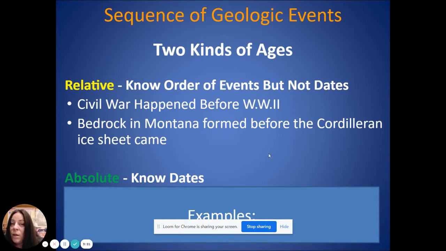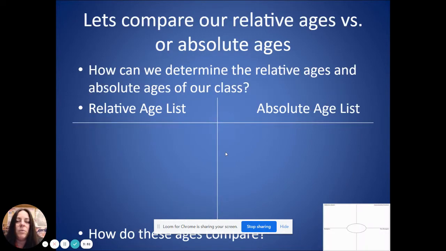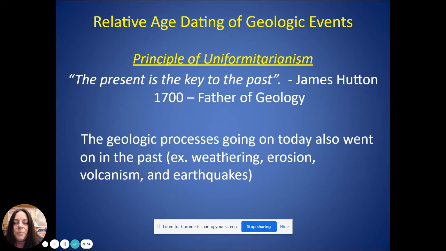So I know the rock had to be here before the ice age. Comparatively with absolute, Civil War, boom, 1861 to 1865, World War II, 1939 to 1945. I said the same thing, I just couldn't tell you the actual date, so I gave you the relative age. And that's the great thing about relative: you just have to know logically what happened without giving exact information.